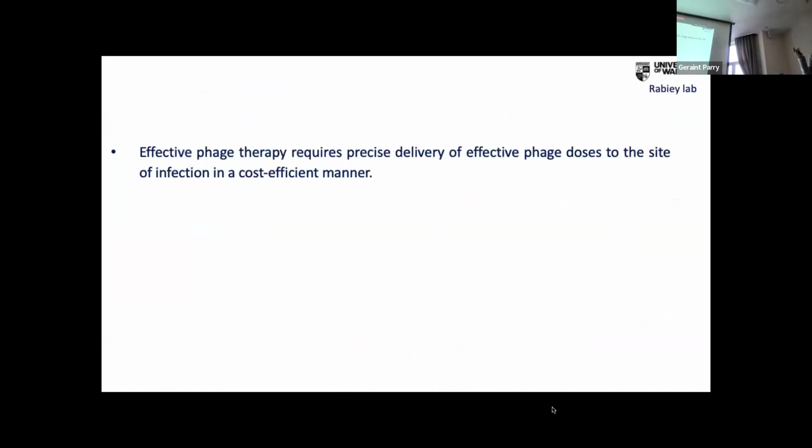But knowing all this that I showed so far, for bacterial canker of cherry, one of the most important stages of the disease is the flowering stage, because that impacts the fruit production. Therefore, to have a phage application that is successful, we need to deliver phages at the right time, at the right place, and in a cost-effective manner.